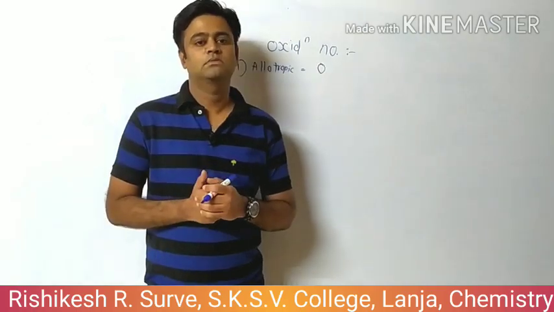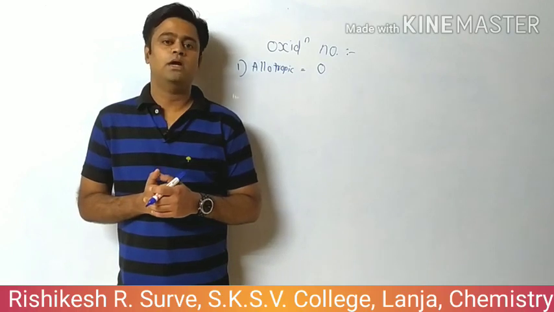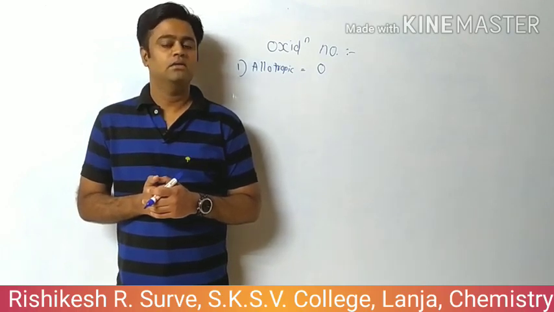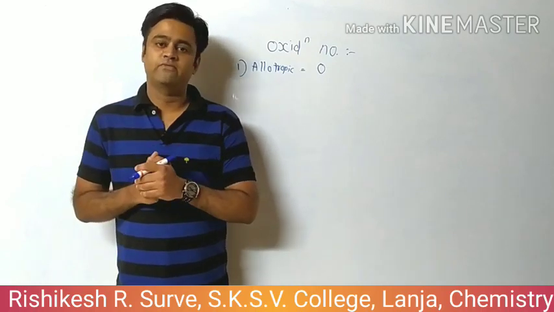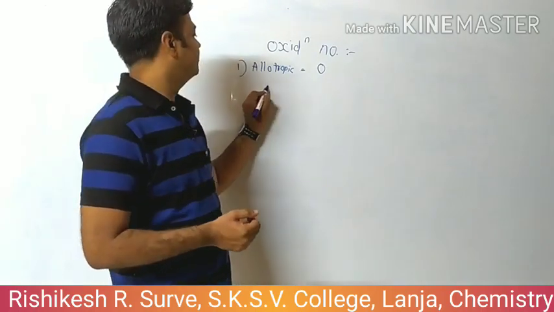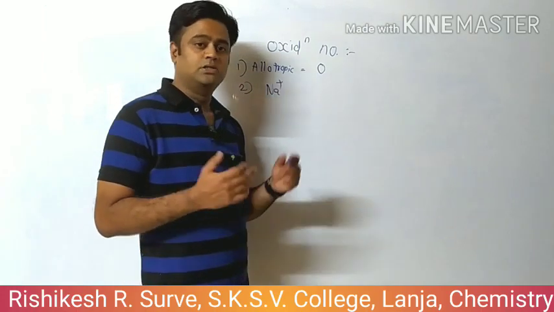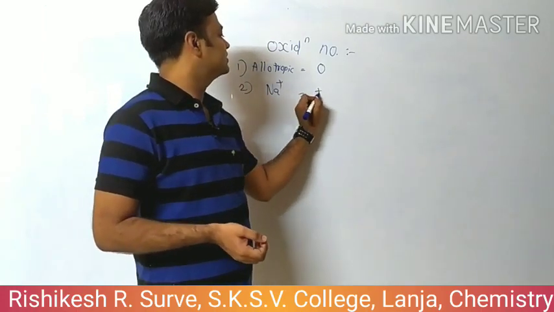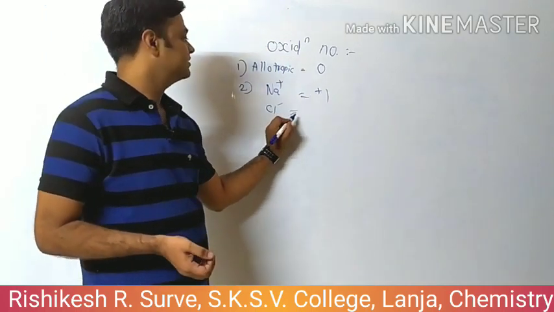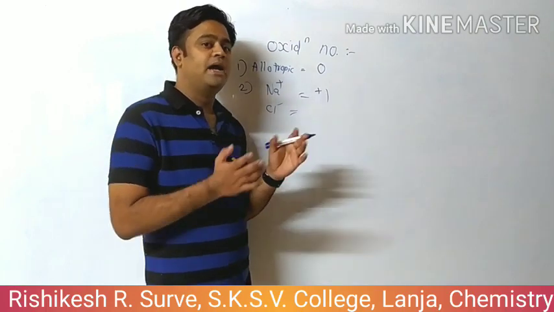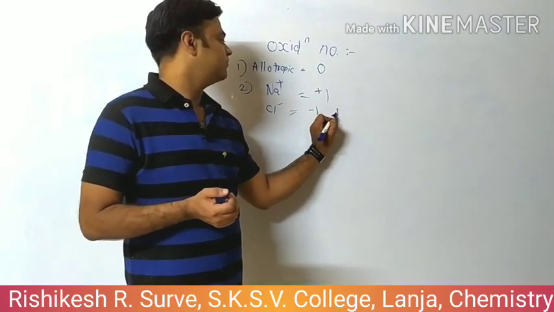Second, the oxidation number of any monoatomic ion will be equal to the charge present on that ion. For example, sodium, generally we write Na plus, then the oxidation number will be plus 1. And if you consider chlorine, Cl minus, then its oxidation number will be minus 1.